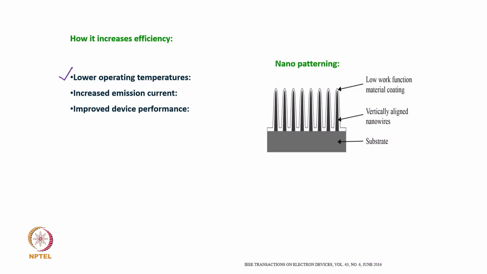And now you have a field assisted emission also. All right. So, it lowers the operating temperature, it increases the emission current, because now you have electrons which are emitted by this field emission process also. So, overall the emission current enhances, and overall it improves the device performance.